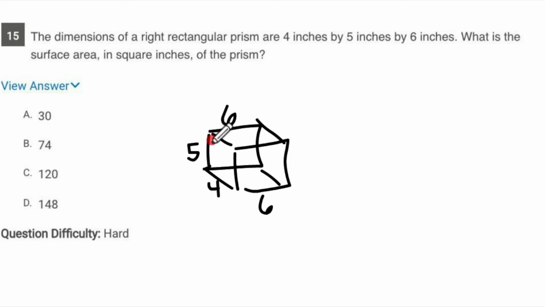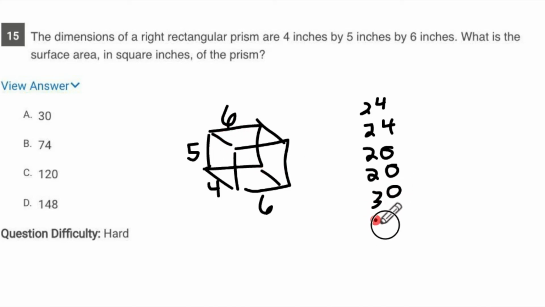We have the 24, and we have one down here, so we have 2 24 sides. We have 2 with 5 by 4s, which is 20. And the back and the front would be 30 each. We just add those all up, and it's going to be 148. I'm not sure why this is a difficult problem, but that's it. So you just have to visualize it and draw as much as you can on the SAT.